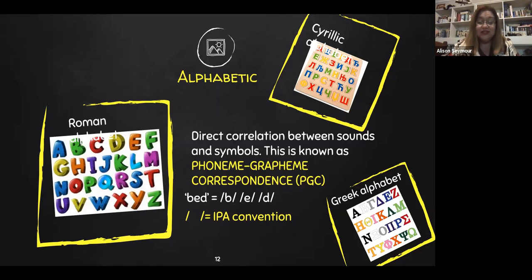Whenever you see the slashes, the symbols inside them are representing the sounds, as opposed to the letters. You say the letters B, E, D, but the sounds are what we find inside those slashes.